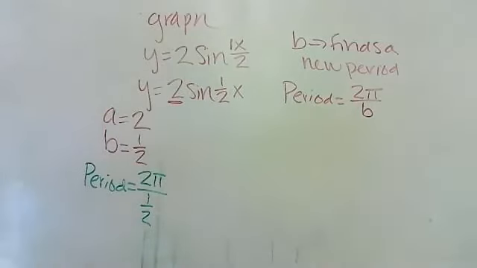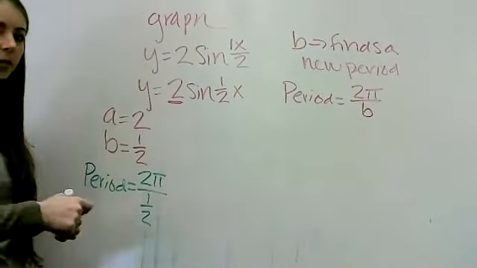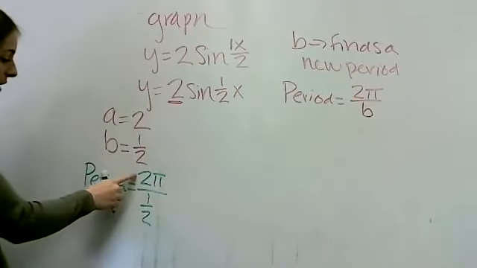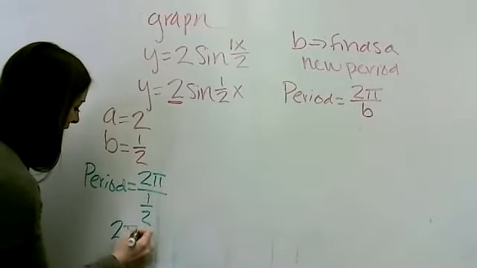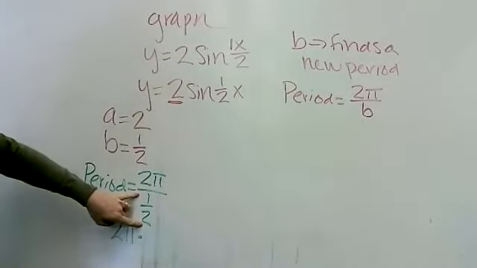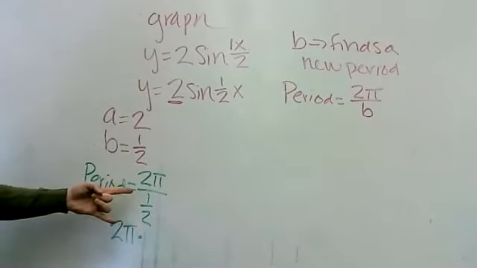So when we divide by a fraction, it's the same thing as multiplying by its reciprocal. So instead of having 2 pi divided by 1/2, we'll have 2 pi times the reciprocal of my denominator, which would be 2 over 1.